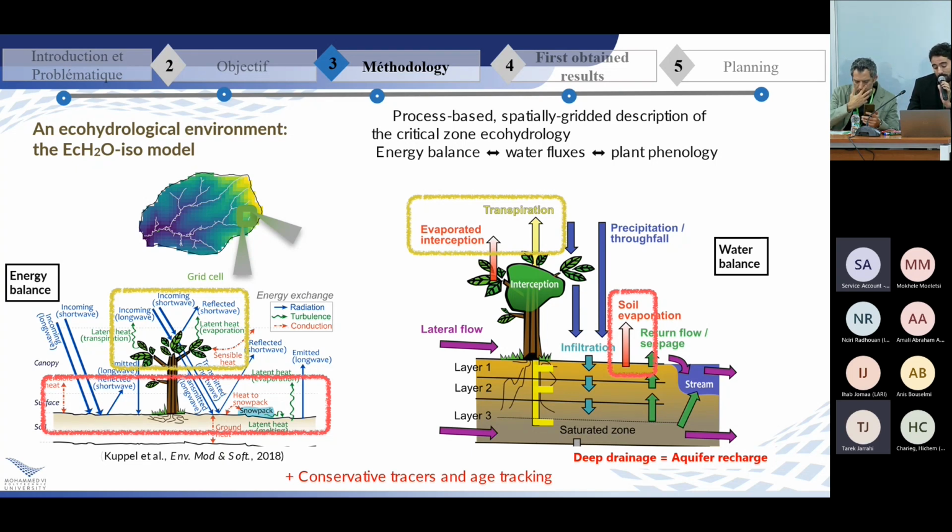And another feature of the model EcoISO is that we can add conservative tracers like isotopes in order to quantify water ages and track the origin of water from the precipitation to the groundwater.